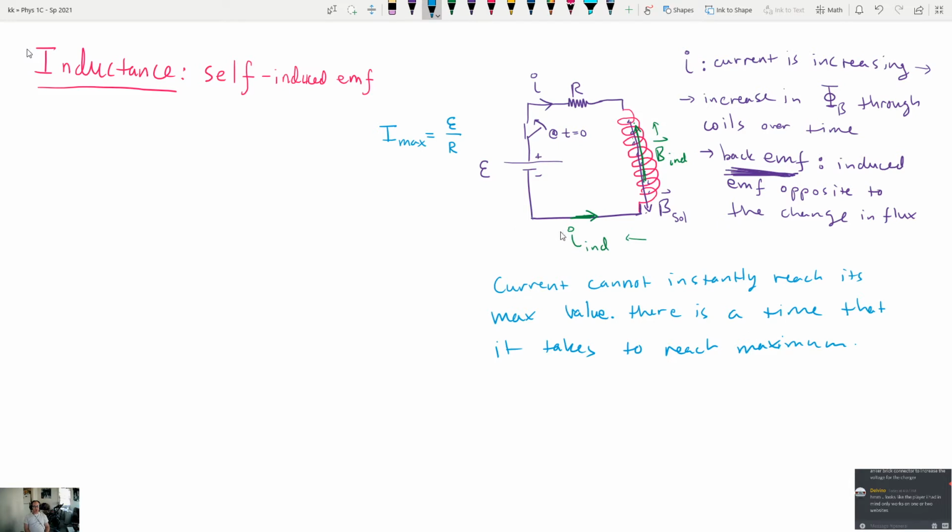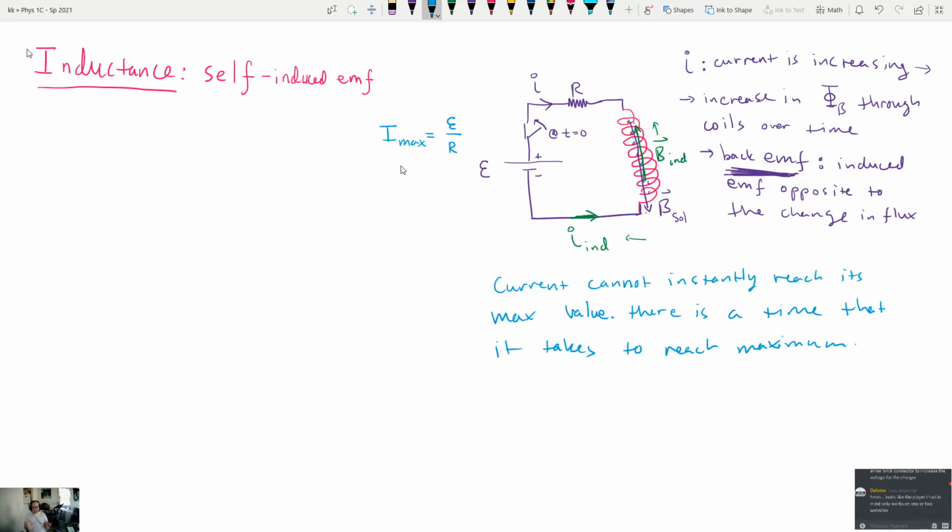Okay, so we call this self-induced EMF because in everything we've done before this, you had two circuits. You had one circuit that was a solenoid, and you wrap a coil around it and find out what the EMF induced there was. Or you have a coil, and you push a magnet into the coil, and the external magnetic field induces a current in another wire, right? Well, that same effect, you can't stop it from happening.